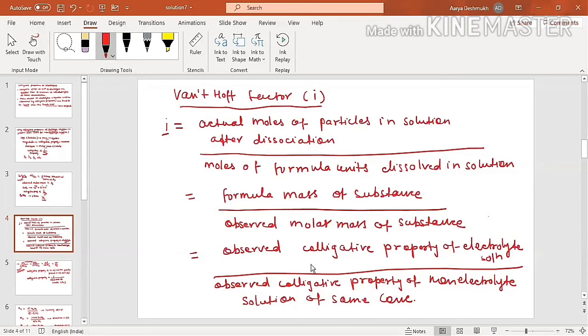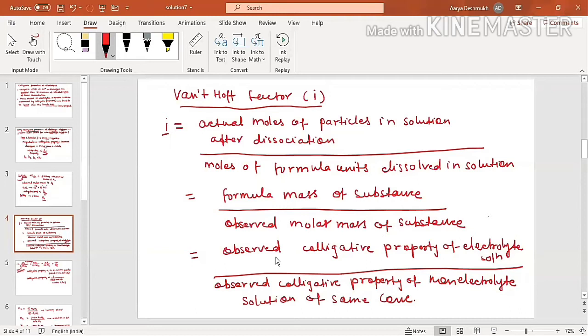We'll go to the last one first. The observed colligative property of electrolyte solution divided by the observed colligative property of non-electrolyte solution of the same concentration. Observed colligative property of electrolyte solution means when electrolyte is dissolved in water, as I already told, there is a change in the colligative properties because more ions are formed.